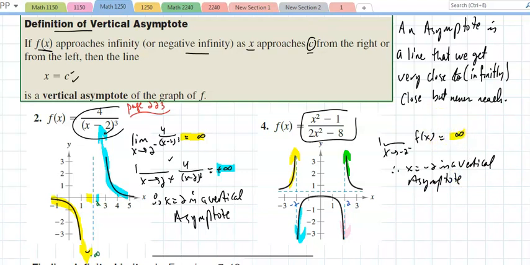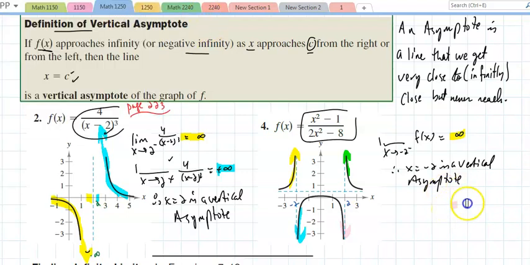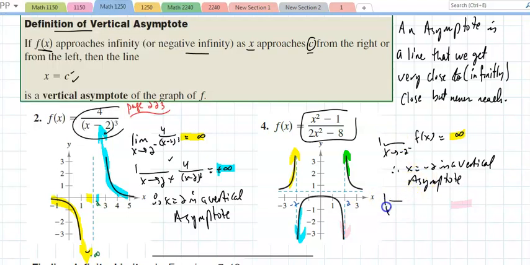Again, you could have just did the blue. And if I tackle, say, the pink, that is, if I take the limit, what would that be? As x approaches 2 from the left of f of x, that also would be a negative infinity. Therefore, x equal 2 is a vertical asymptote.